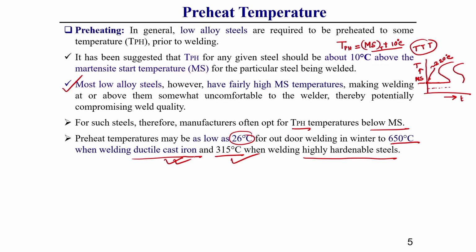For ductile cast iron, where the carbon percentage is more than 3%, the preheating temperature is around 650 degree centigrade.